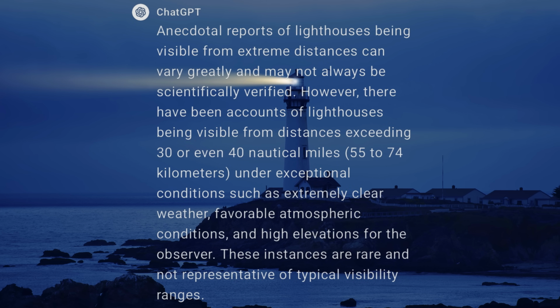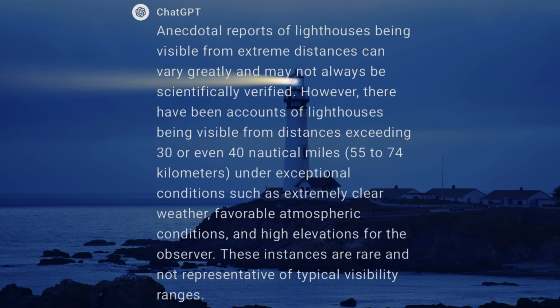Anecdotal reports of lighthouses being visible from extreme distances can vary greatly and may not always be scientifically verified. However, there have been accounts of lighthouses being visible from distances exceeding 30 or even 40 nautical miles. Now, 1 nautical mile is 1.15 normal miles, which is 55 to 74 kilometers.